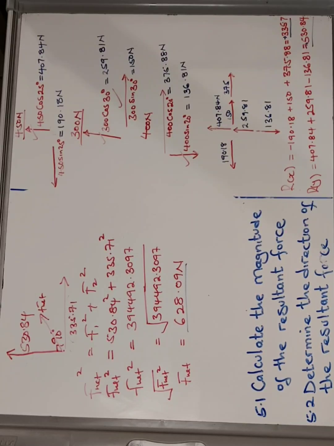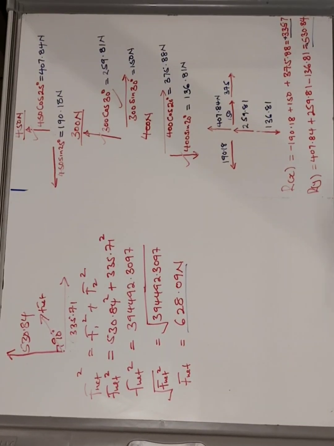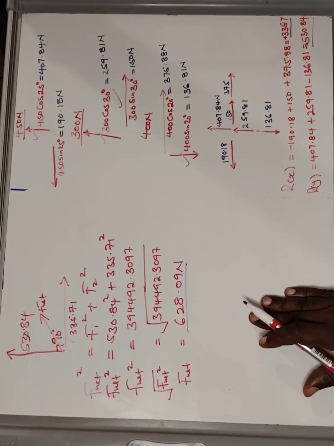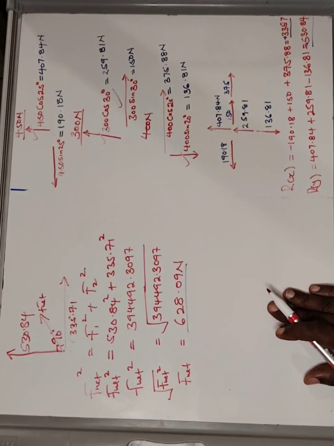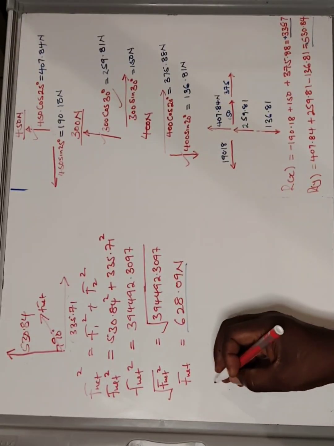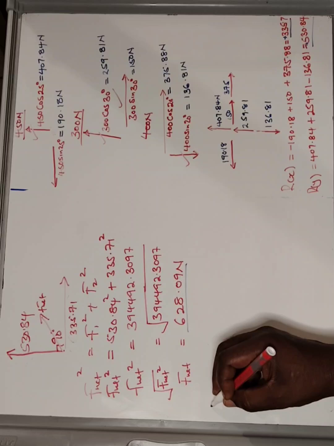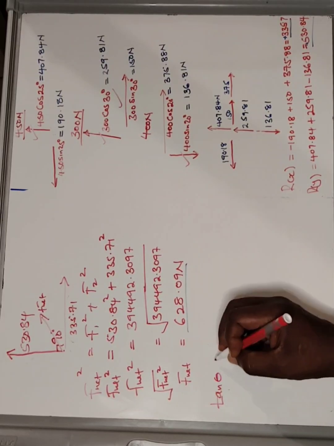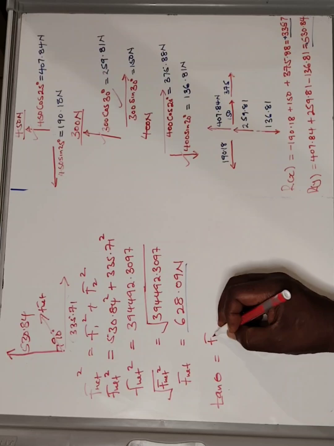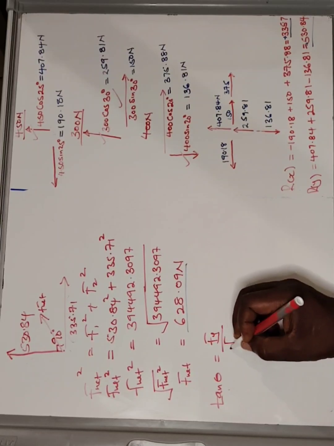So this question has been answered. Next one is to determine the direction of the resultant force. For the direction, we are going to give it as a bearing to the horizontal. We say tan theta is equal to Fy over Fx.